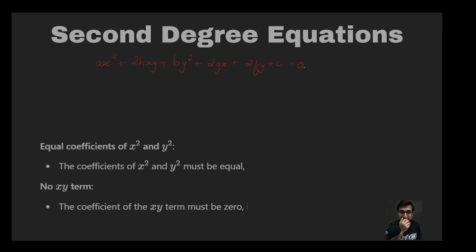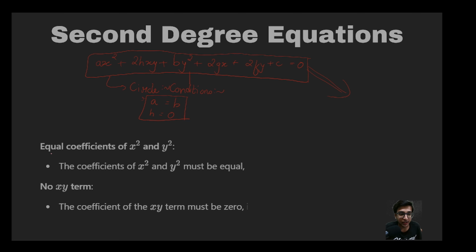Now, this can be transformed into a circle only when certain conditions are applied. For this to be a circle, the conditions are: a should be equal to b and h should be equal to 0. Again, important conditions you need to remember.